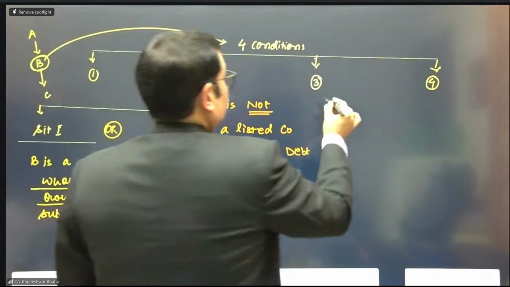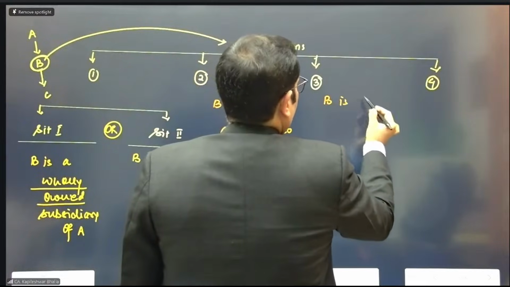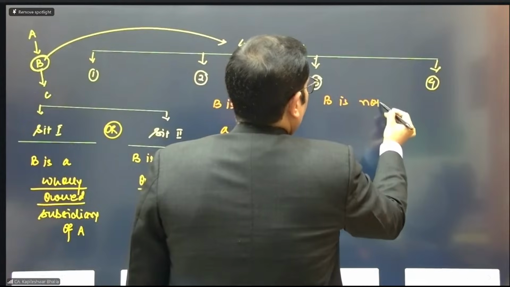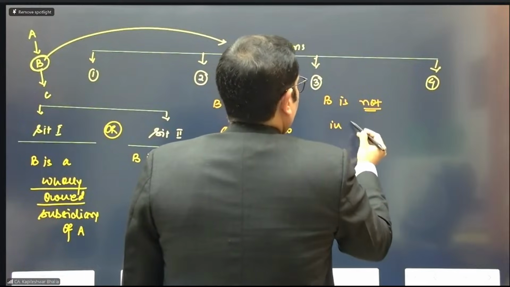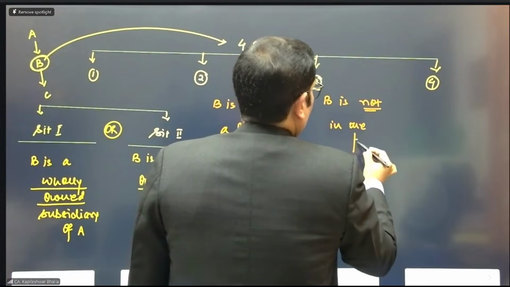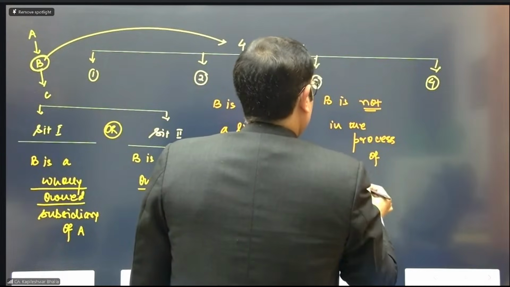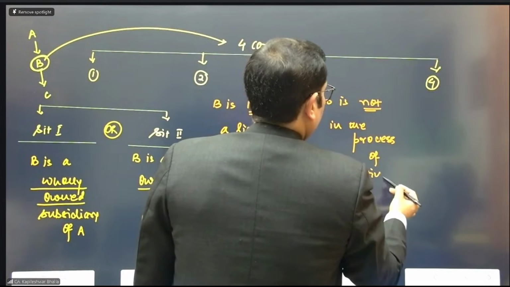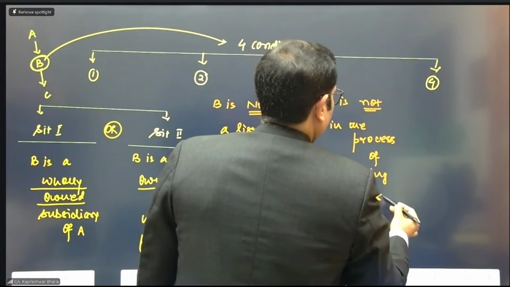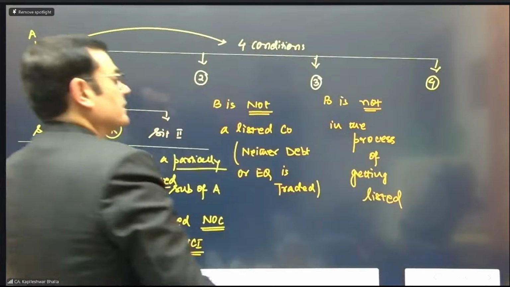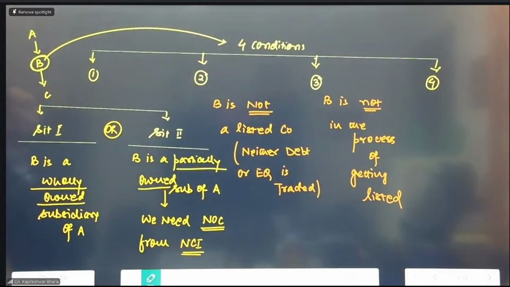And the third condition is B is not in the process of getting listed as well. So neither it is listed nor it is in the process of getting listed.